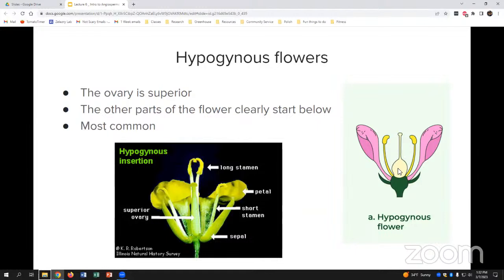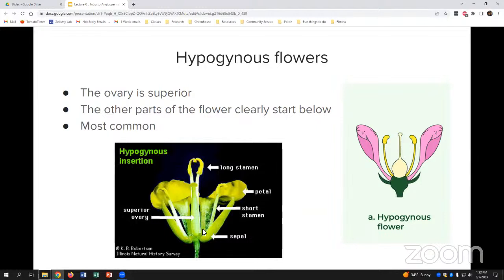We will sometimes see flowers described as having a superior ovary, an inferior ovary, things like that, so that's why I use that wording here. Here we see this ovary sitting superior to the attachment point of our stamen, petal, or sepal. This is the most common thing that you're going to see in flowers, so if you're looking to guess, guess hypogynous.